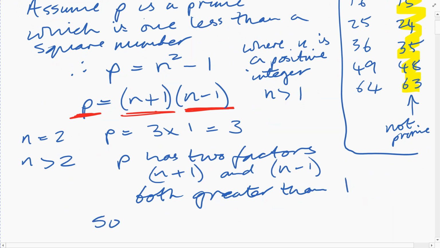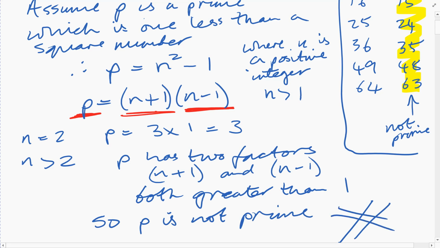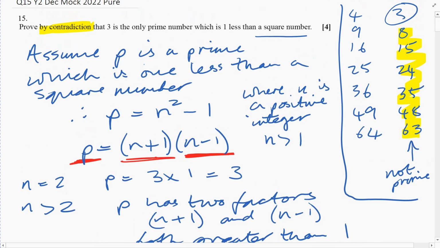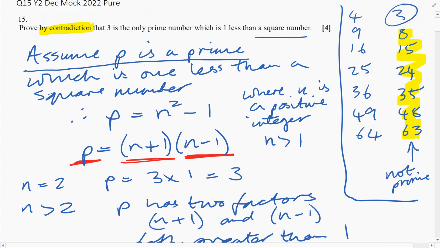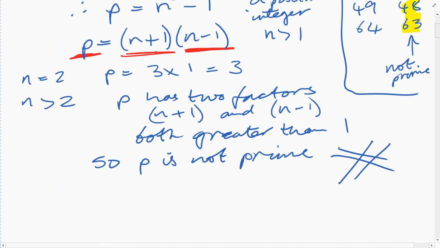And so P cannot be prime. P is not prime. But that is a contradiction. That's the symbol for a contradiction, because we assumed up here that P was prime, but it turns out that P can't be prime.